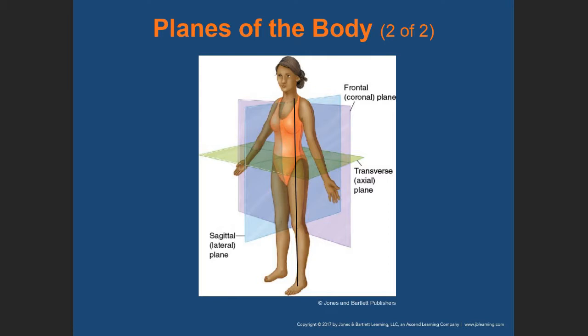So the sagittal plane divides the body into left and right, but it's not equal. The mid-sagittal or midline divides the body into left and right halves. So it's equal. Make sure you know the difference between sagittal and mid-sagittal.